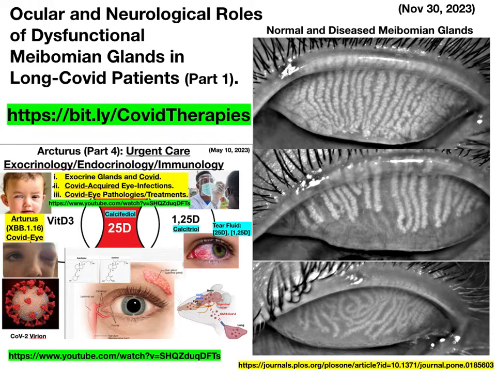And to put that in a broader context, if you consider the Arcturus COVID wave, one of the hallmark features of it was the increased incidence of COVID eye infections. So some of the people who developed long COVID from the Arcturus COVID wave likely started with COVID eye infections, which subsequently spread to other portions of their body.